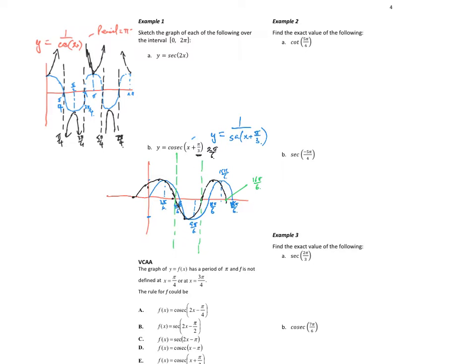In fact, that turning point is 2 to the left, which is 13 pi on 6, which is too small also. So let's label our key points. It was at 12, back 2, so that's at 10 pi on 6, that asymptote. It was 6, back 2, that's at 4 pi on 6, that asymptote.